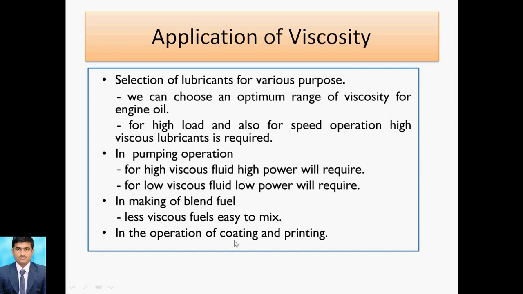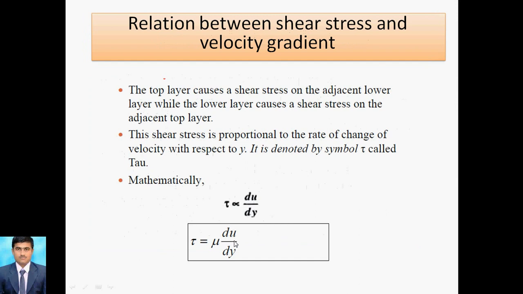In the next slide we will discuss the relation between shear stress and velocity gradient. Shear stress is tau, and the velocity gradient is du by dy, which is also the shear strain.